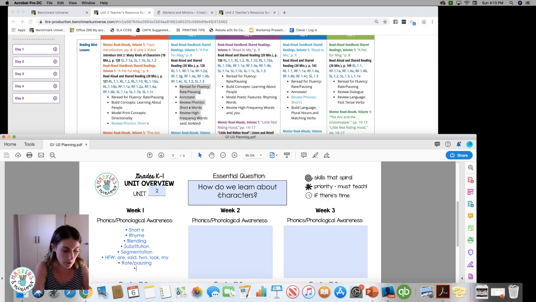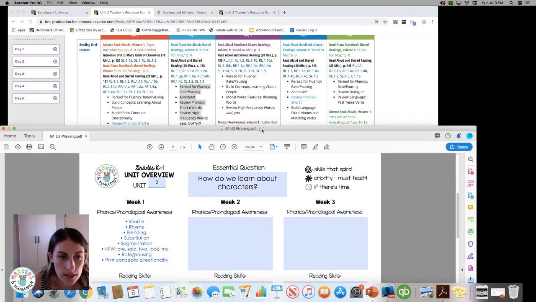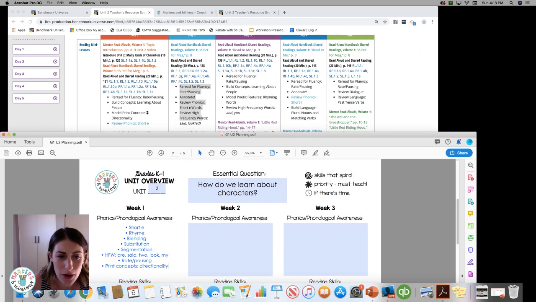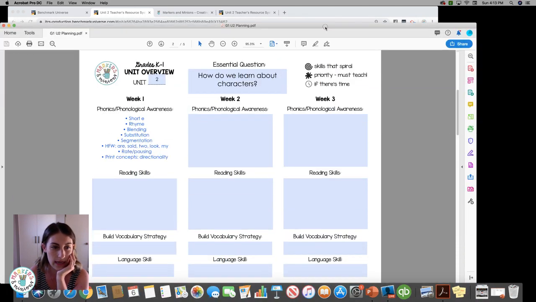I see my print concepts are directionality. That's it, I think, actually. Okay, and then we've got some spiral review. I see rhyming again here. I see a little bit of language, and then review dialogue. So I might write dialogue in there too. Review dialogue. Okay.